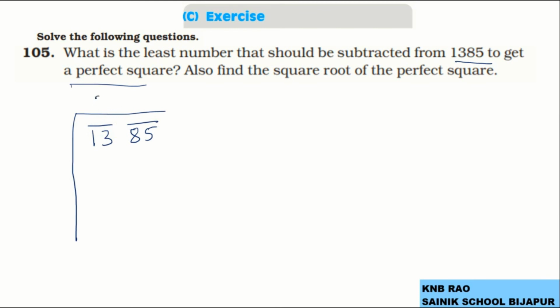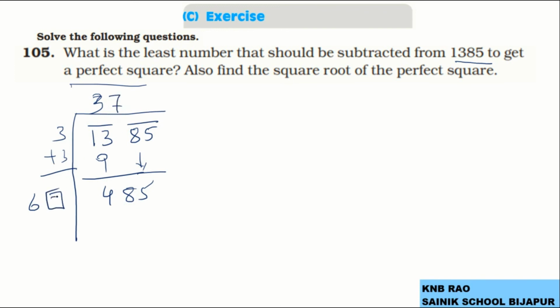So here 3 3s are 9, which is close to 13. The difference is 4. Thus 85 I took down, and 3 added to 3 gives 6. I have to choose an appropriate number.